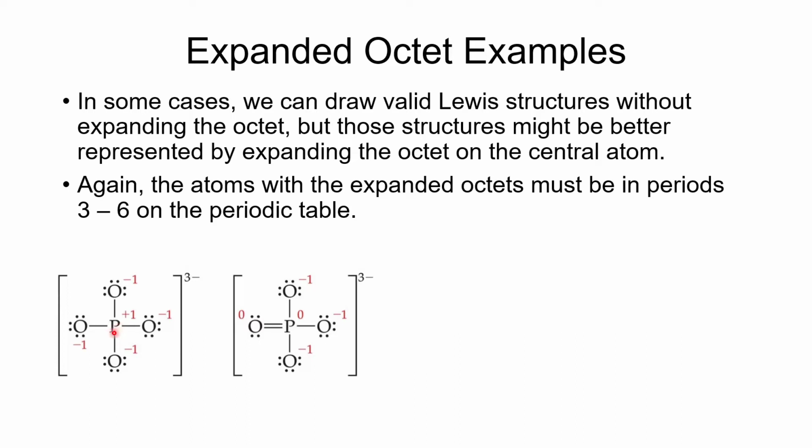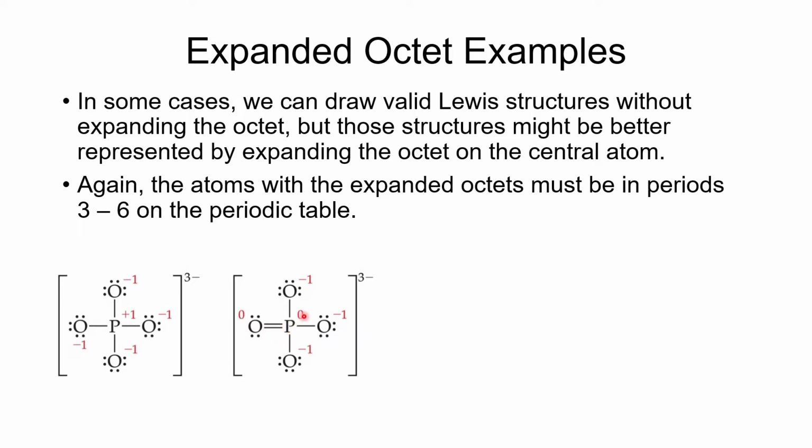However, that puts a positive charge on the phosphorus, and it turns out that phosphorus really doesn't have much of a positive charge. Furthermore, there is some double bond character between phosphorus and oxygen. So a better way to do this is to draw that double bond, and we will expand the octet on phosphorus.